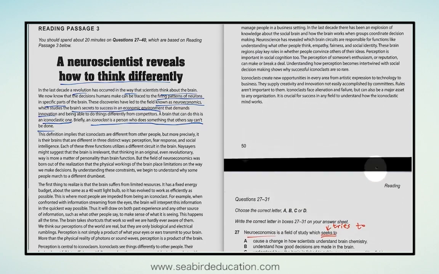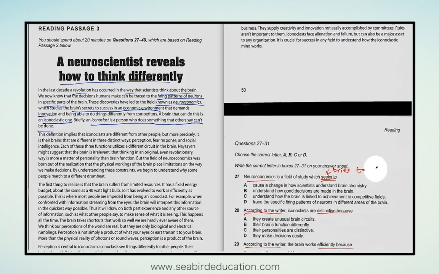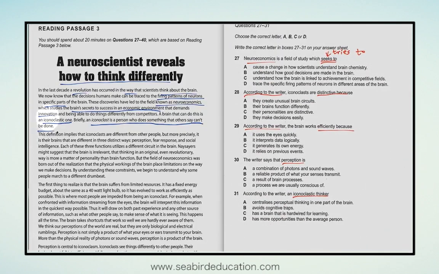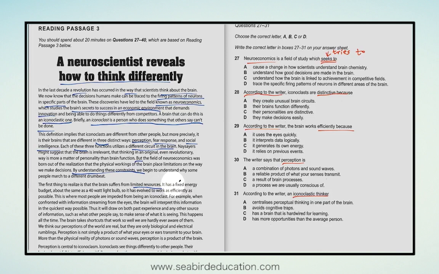Okay, so let's read now. The brain is different in three distinct ways: perception, fear response, social intelligence. Each of these functions uses a different circuit in the brain. Okay, but by understanding these constraints, the first thing to realize is that the brain suffers from limited resources.